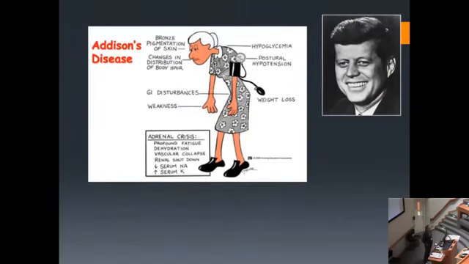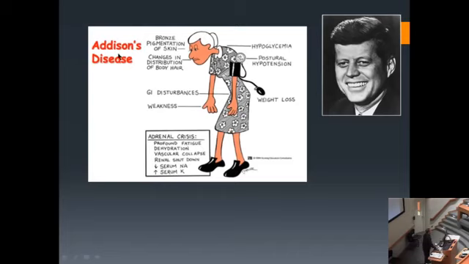Probably the most famous person that had Addison's disease, and it was kept quiet for a long time, was JFK. Okay, and he actually kind of had the prototypical moon face, and so that's basically just this half-round kind of puffy face, and they attributed that to why he looked very young when he was competing against Nixon, and so they think that his Addison's may have actually helped him.